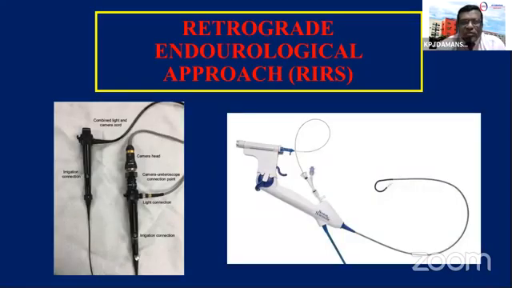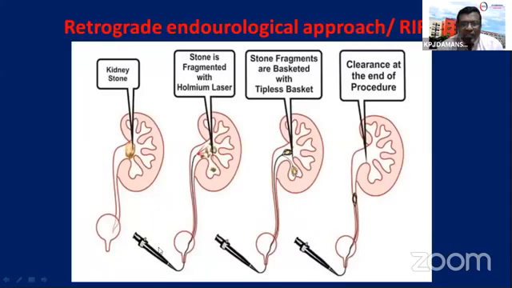The third approach is what's known as a retrograde endo-urological approach. Very big term, but very simple. We use different types of scopes. These are scopes with very, very small fibers. And we go through the urinary tract from below. That means the patient will be under anesthesia, either general anesthesia or spinal anesthesia.